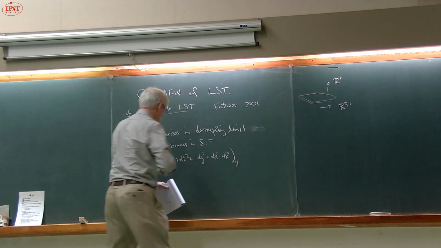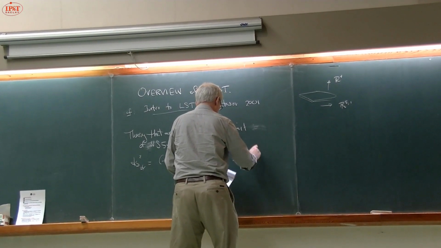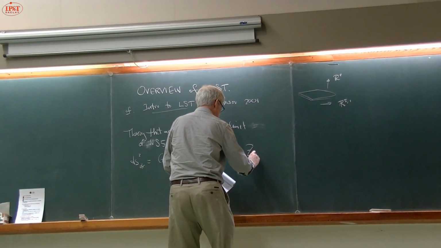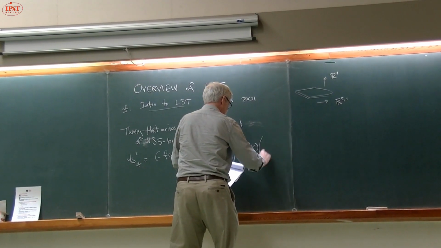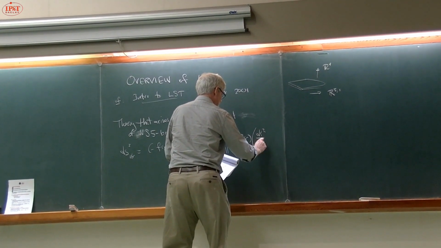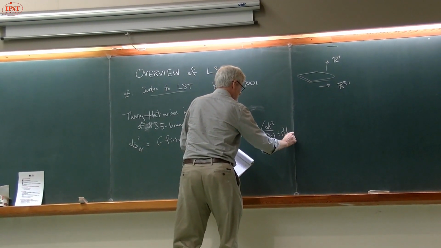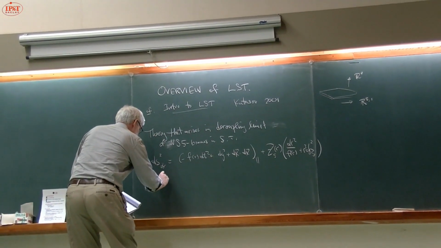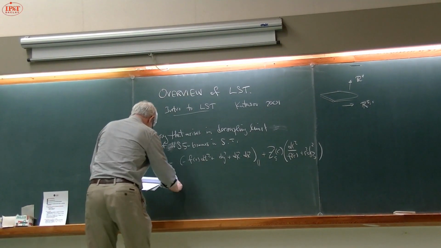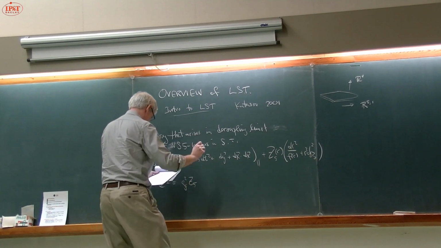These are the longitudinal directions, and then in the transverse directions the harmonic function makes its appearance: Z5 (dr^2/f(r) + r^2 dΩ_3^2). The dilaton is e^{2φ} = g_string^2 Z5.